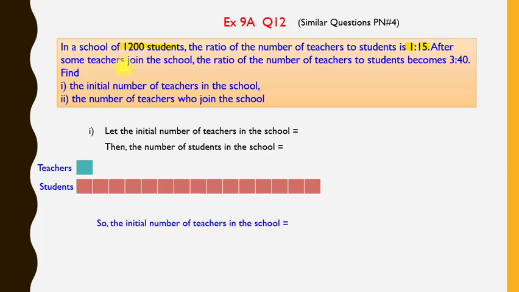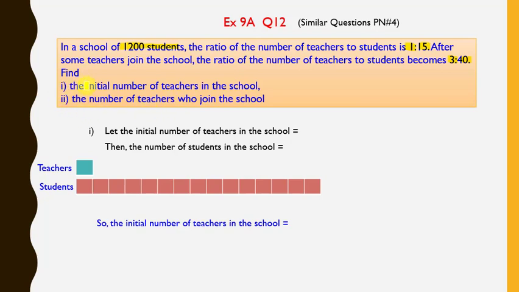After some teachers join the school, the ratio of the number of teachers to students becomes 3:40. So 3 for the teachers and 40 for the students. Find the initial number of teachers in the school, and in the second part we will have to find the number of teachers who join the school.